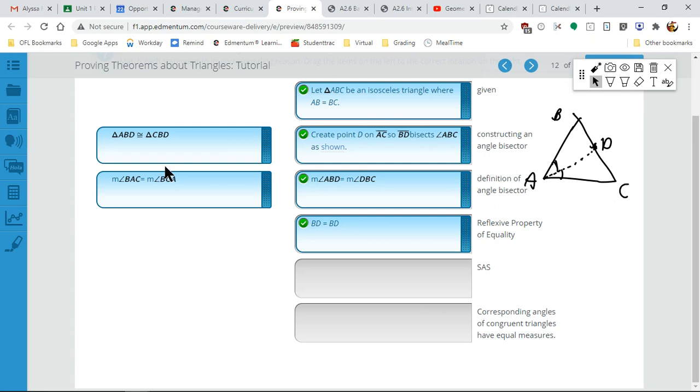So by saying that, they're saying that angle, draw a point on BC so that, oh, AC. Wait a second. Sorry, guys. I drew that wrong.